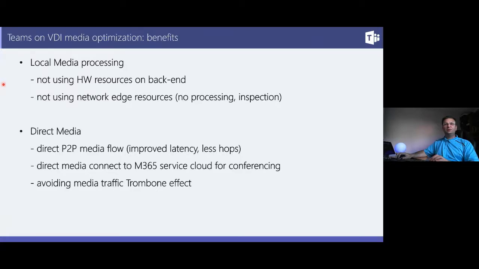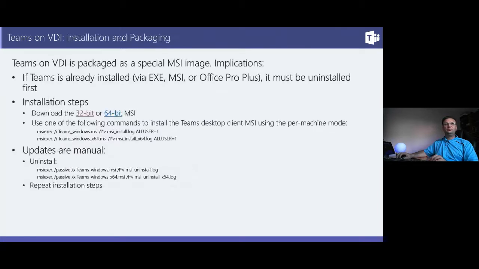The same benefits apply for the conferencing scenario, when audio and video media is flowing directly to the Office 365 conferencing service in the cloud without traversing your company network and with fewer hops. And we are avoiding the trombone effect, where all media is pushed to the backend processor and then relayed to the back of the VDI client or to the peer or conferencing service.